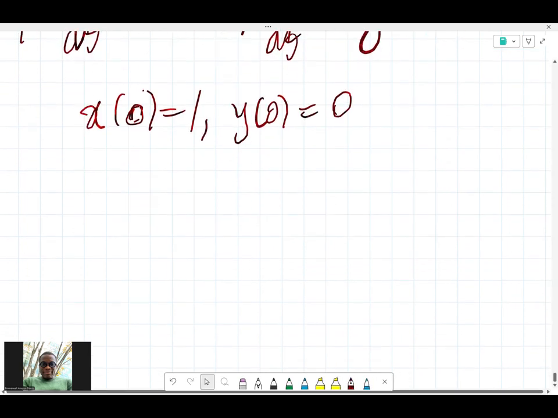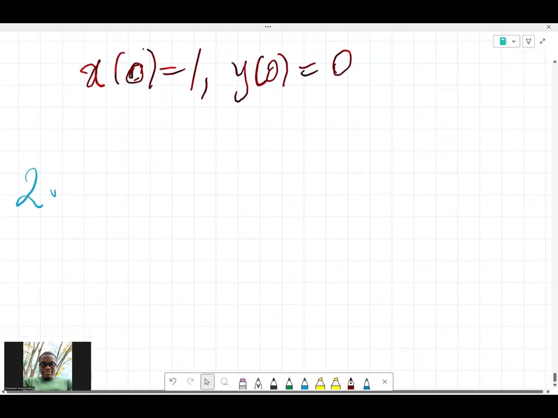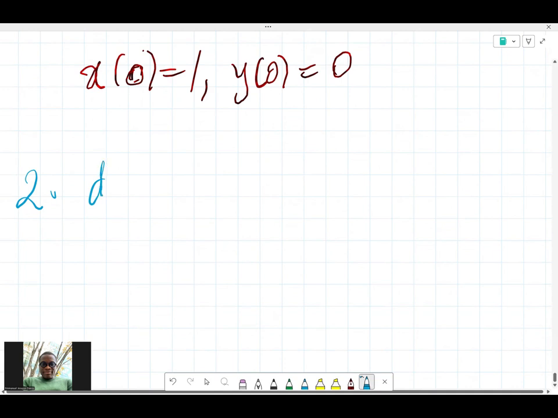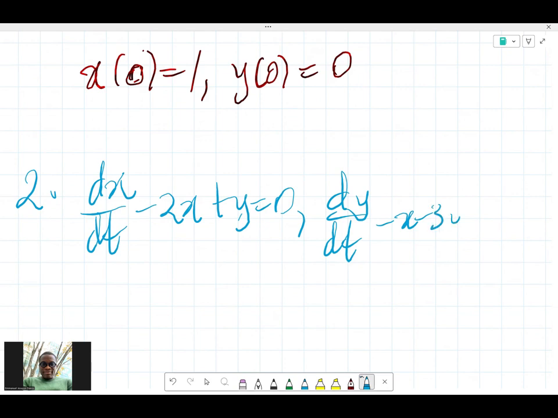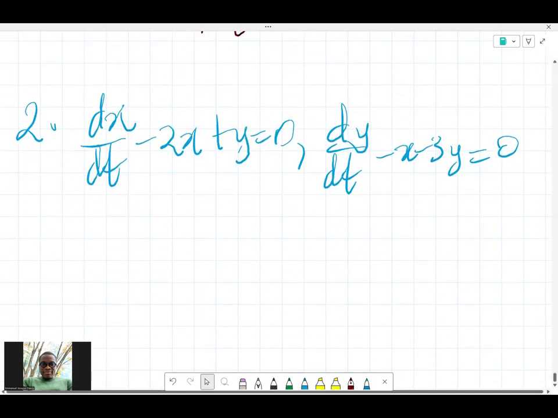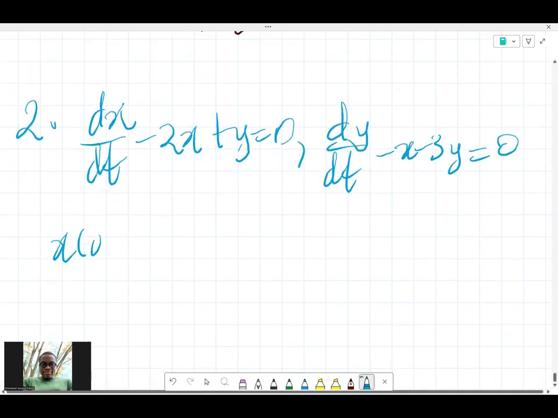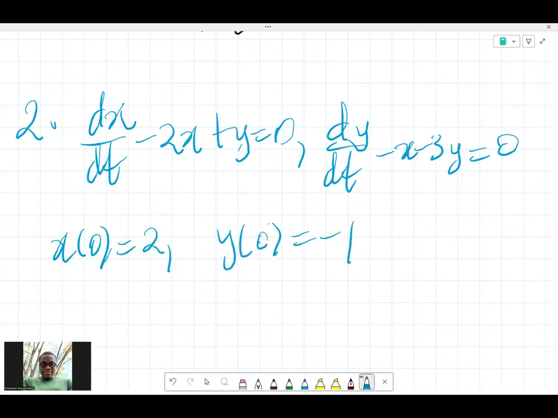Number 2: dx/dt minus 2x plus y equals 0, then dy/dt minus x minus 3y equals 0, then x of 0 equals 2, y of 0 equals minus 1.